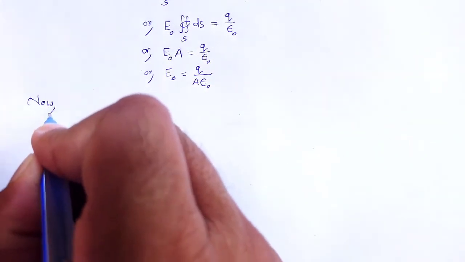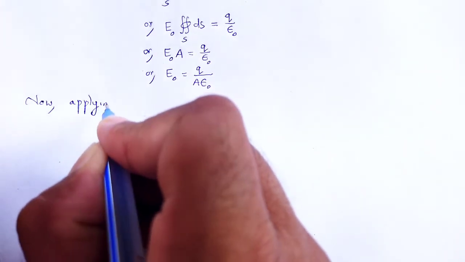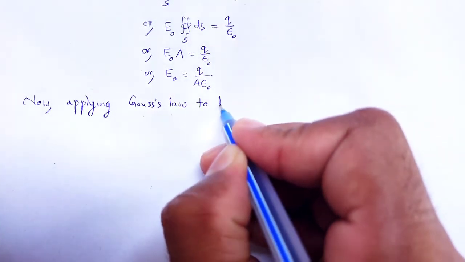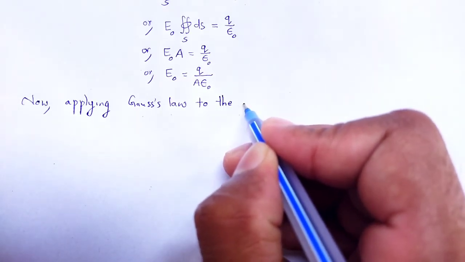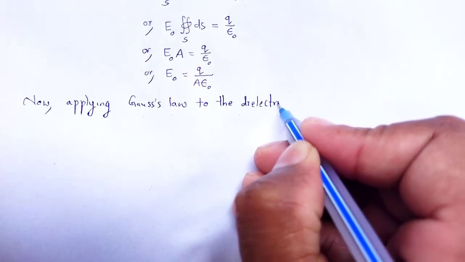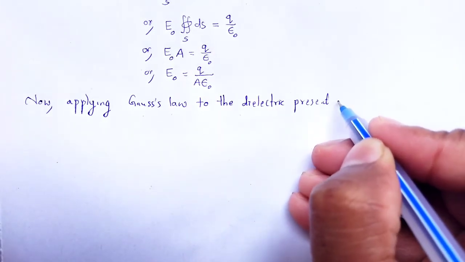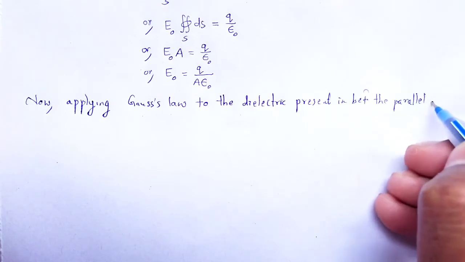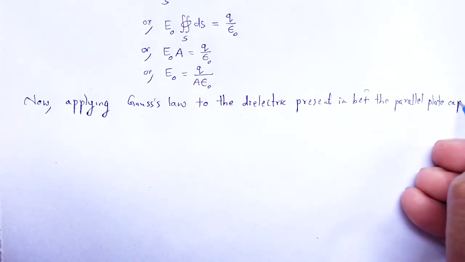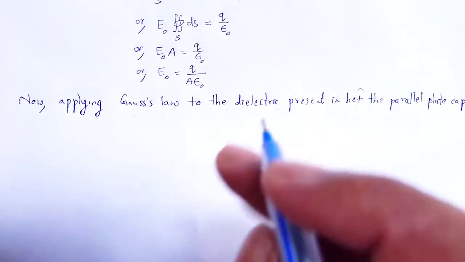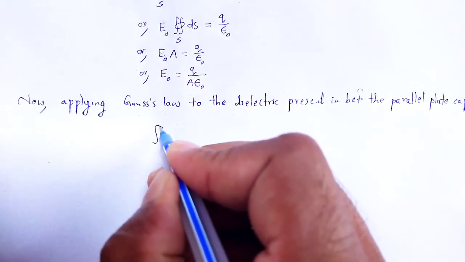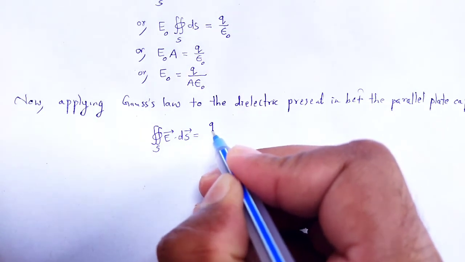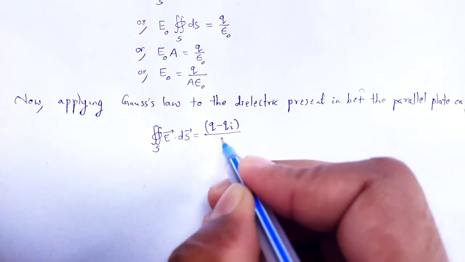Now applying Gauss law to the dielectric present in between the parallel plate capacitor, the electric flux, closed surface integration of E dot ds, is equal to the net charge Q minus Qi divided by epsilon naught.